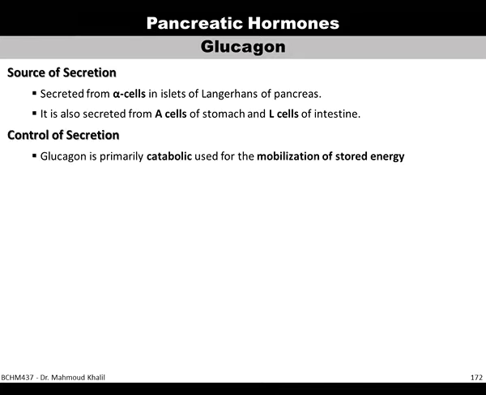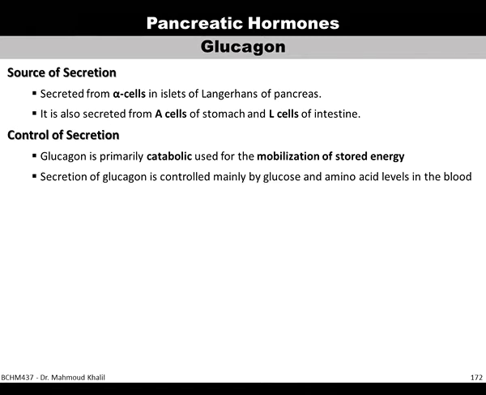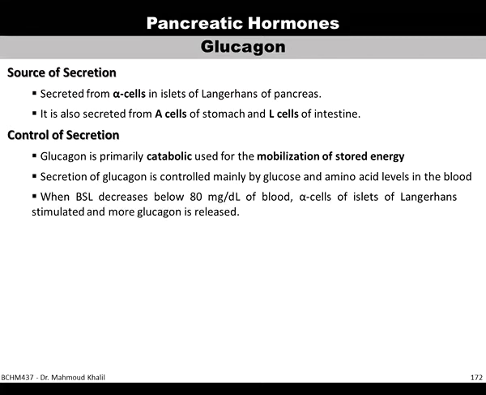Glucagon is primarily catabolic, used for the mobilization of stored energy. Its secretion is controlled mainly by the glucose and amino acid levels in the blood. Any decrease in the glucose level in the blood will promote the secretion of glucagon.